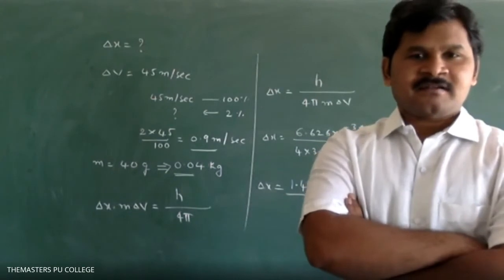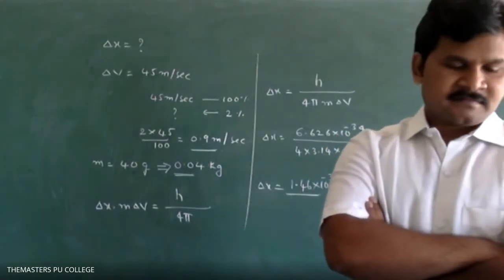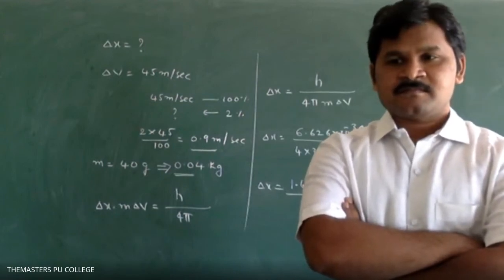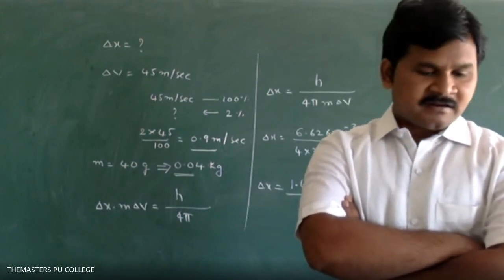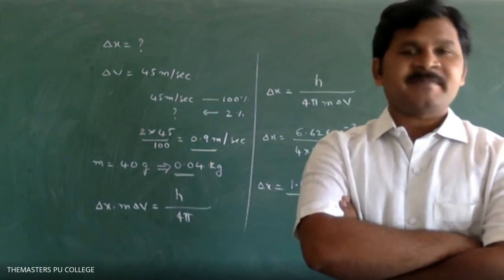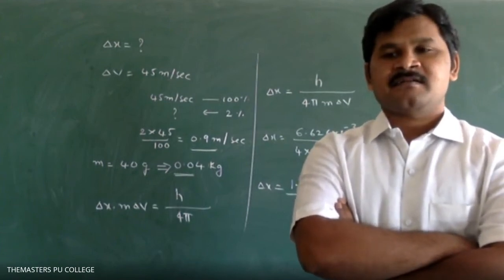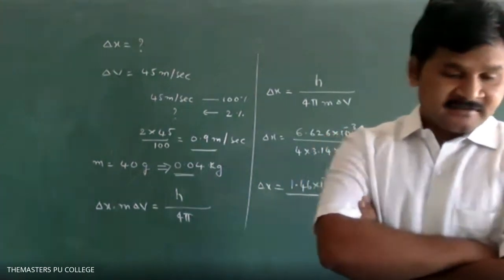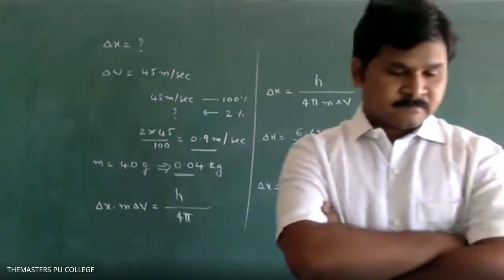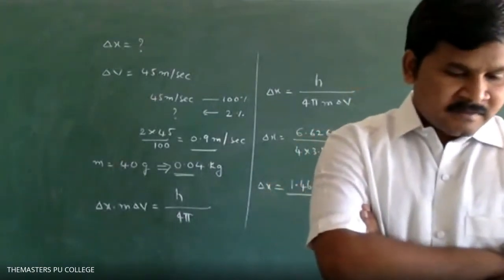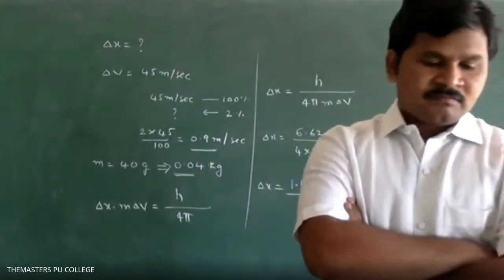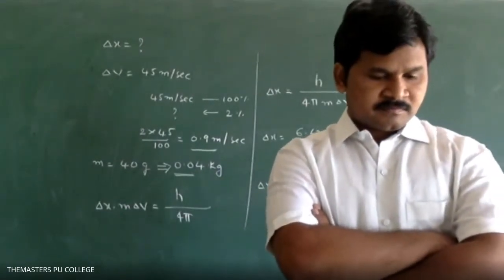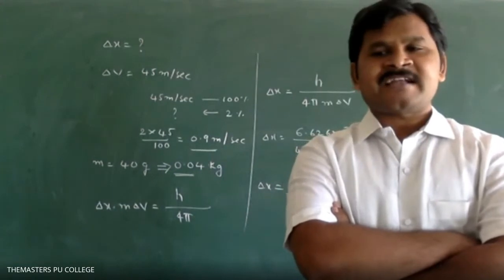An electron has a speed of 40 meter per second, estimate accurate up to 99.99%.